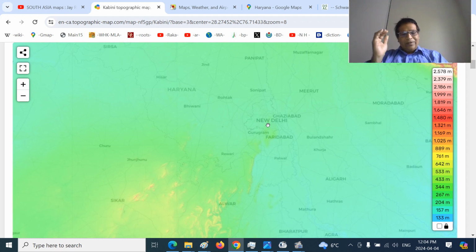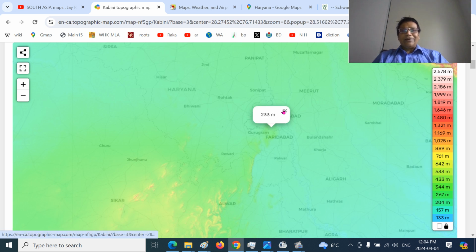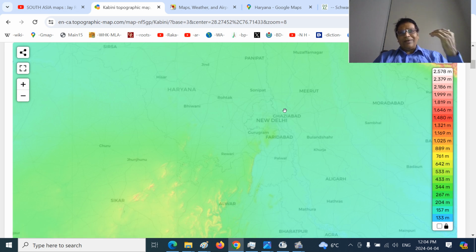If you make 10 times more, 2200 meters will be Simla hill station, capital of Himachal Pradesh, that is the Pahari speaking East Punjab, Purbi Punjab. Let's say round about 222, 233, that's not bad. Delhi ridge will be maybe 30, 40, 50 meters higher.